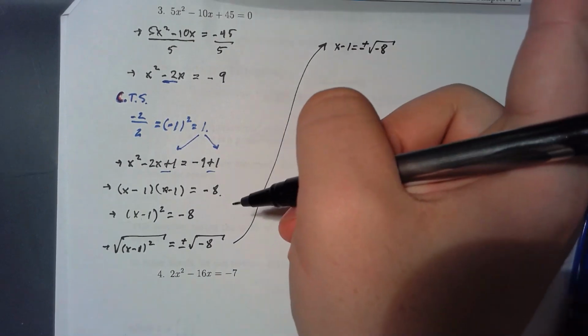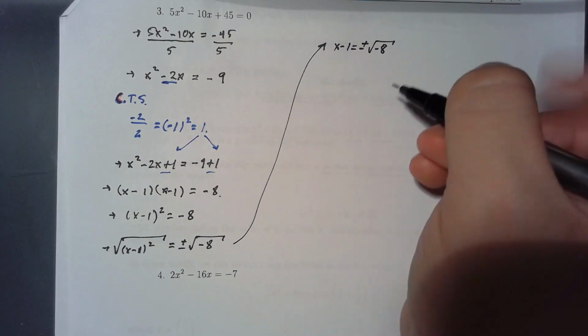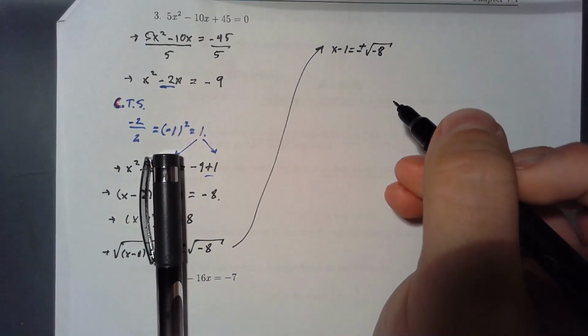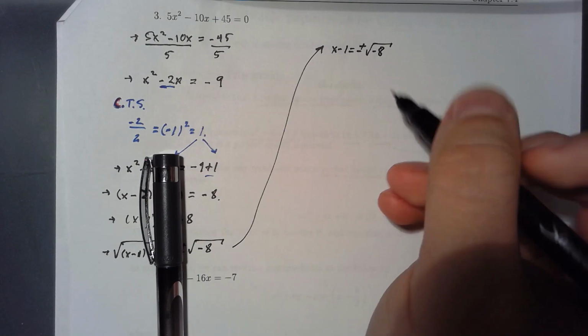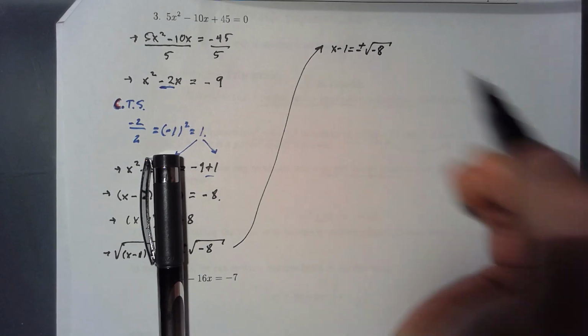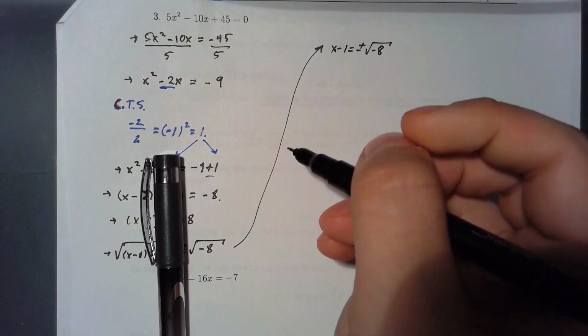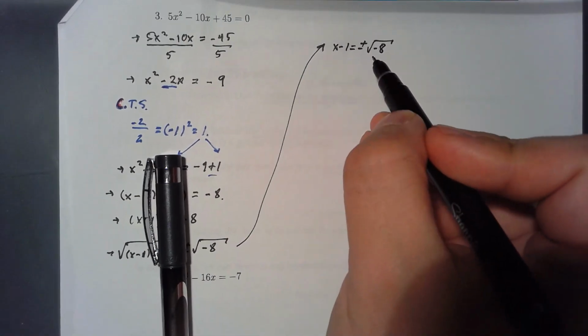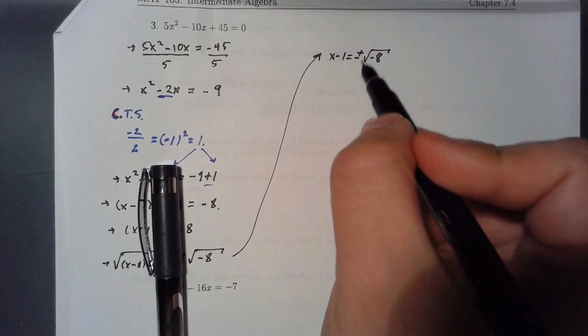Hold on to your horses. Don't add 1 yet. What do I have to do? Simplify this. Hey, guess what? There's a negative number under this root. So what do we have to do? We have to factor out a, does anyone remember? Yes, it's i. This is an imaginary number.